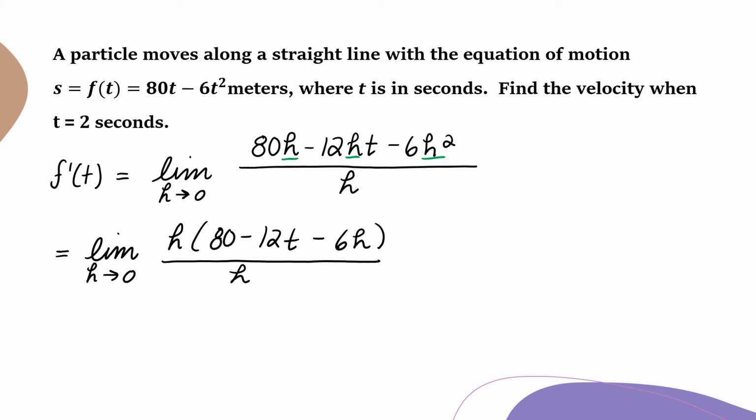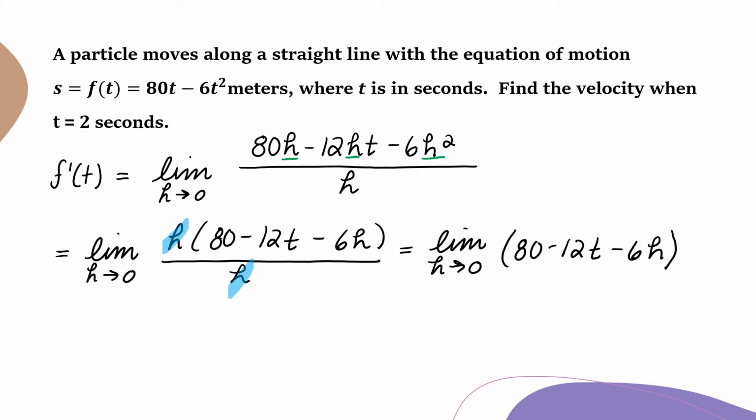Now our h's will divide out. So this is equal to the limit as h approaches 0 of 80 minus 12t minus 6h. And we're looking at the limit as h approaches 0, so our t will not be affected. And this is equal to 80 minus 12t minus 0.